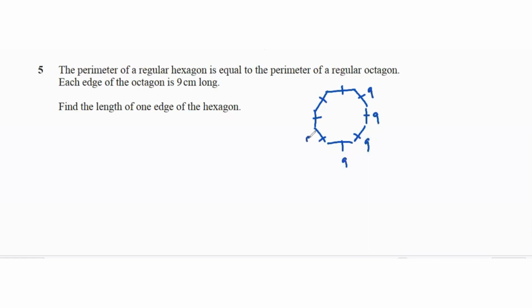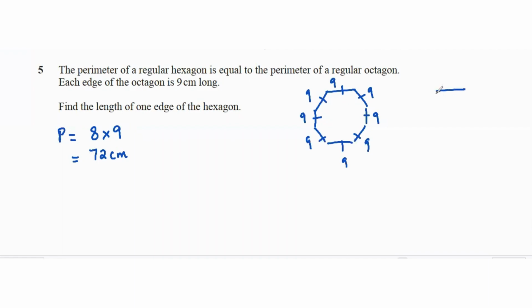So all of these are 9. So the perimeter would be 8 times 9, because we're adding the length 9 eight times, which is going to be 72 centimeters.